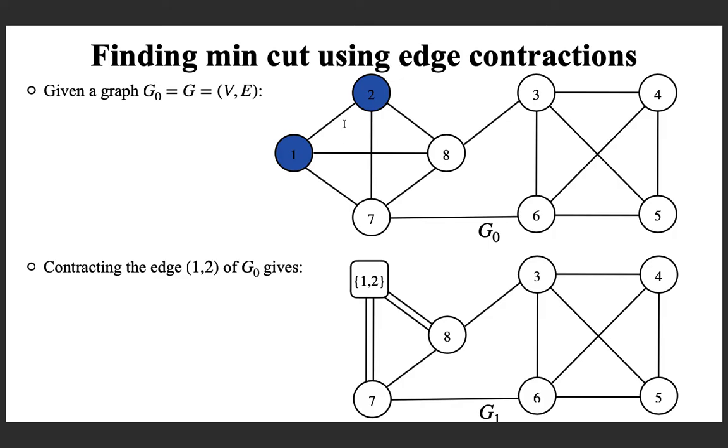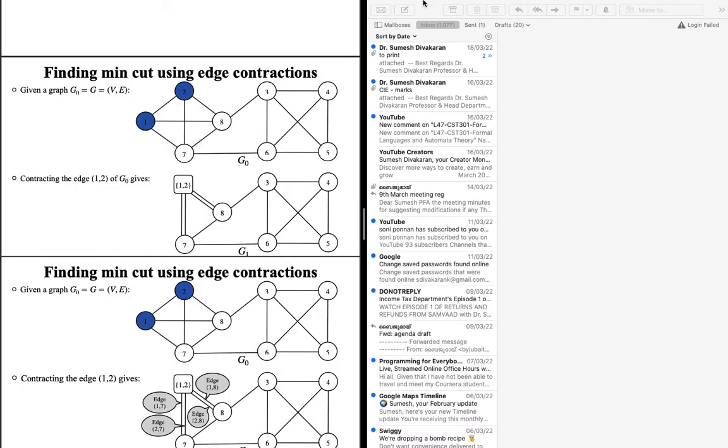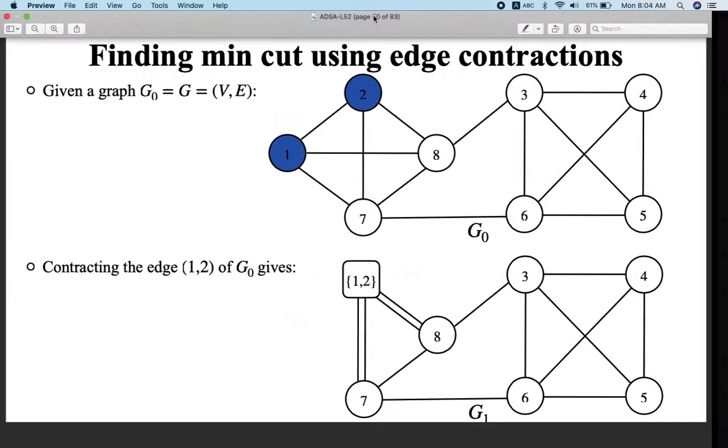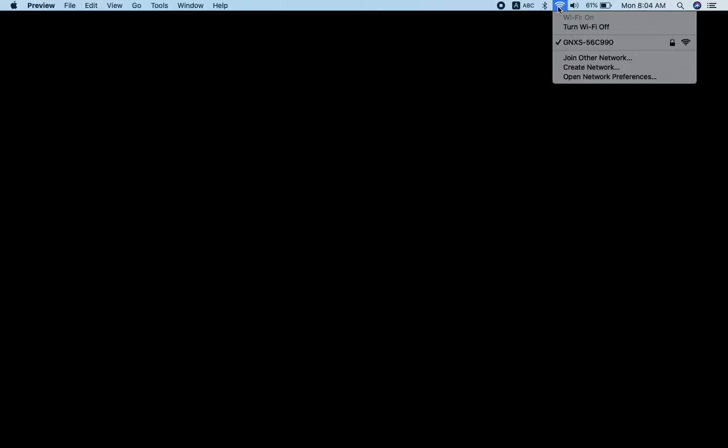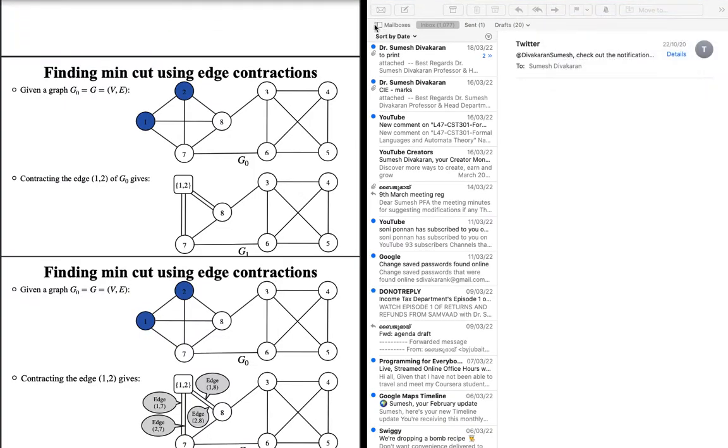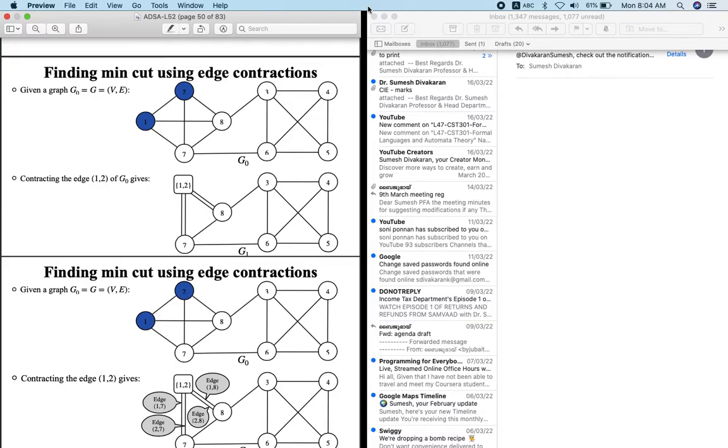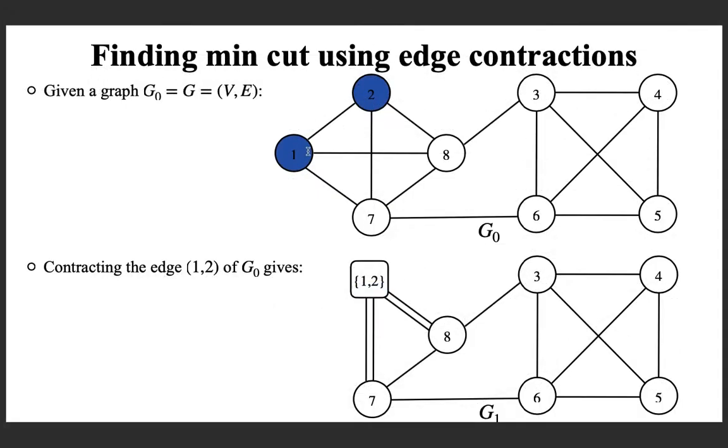Contracting the edge 1 2: I am going to contract the edge 1 2 in the original graph. Look at the edge 1 2, contract it, you get this as the resulting graph, the graph G0 contracted with edge 1 2.